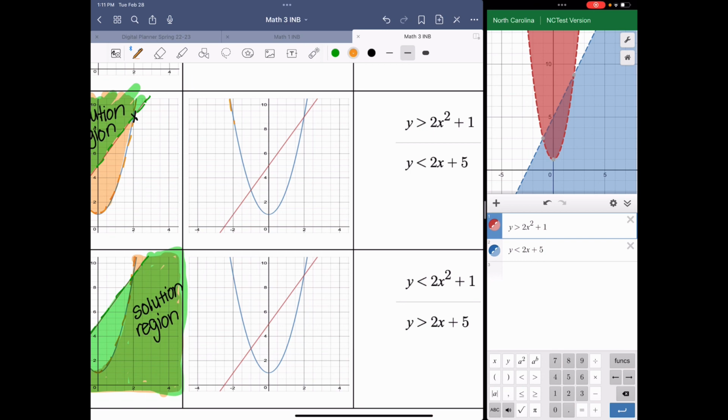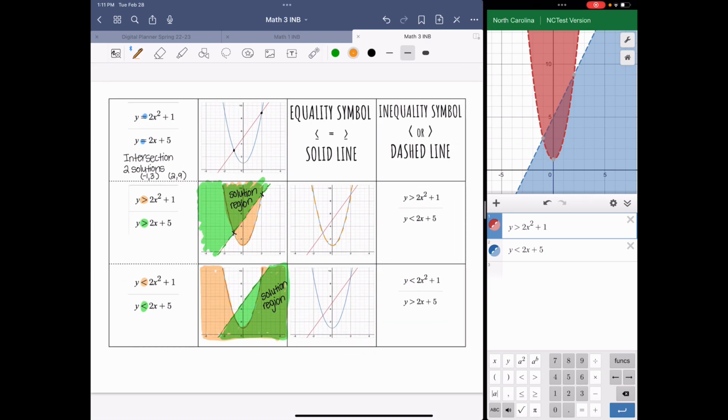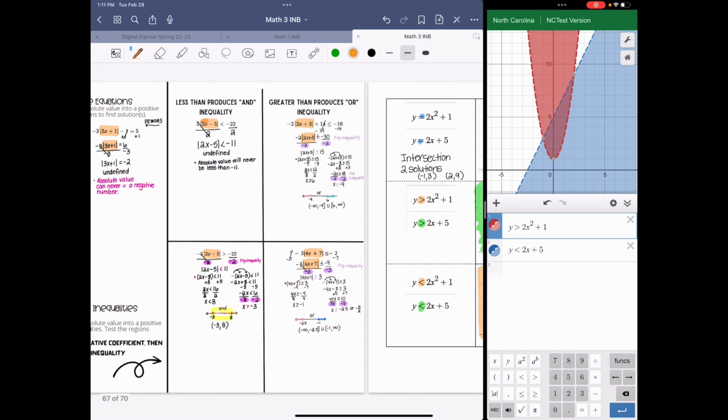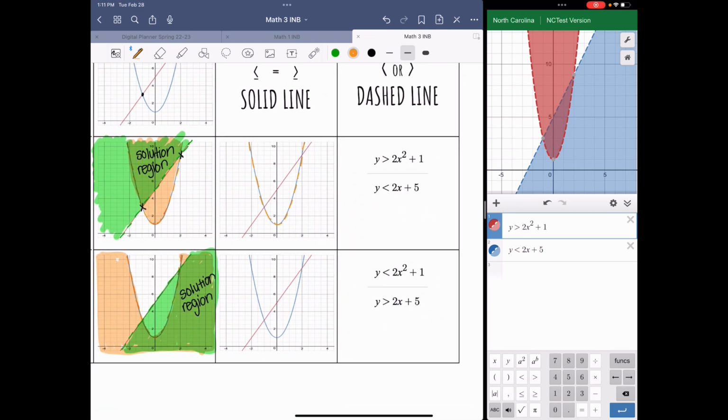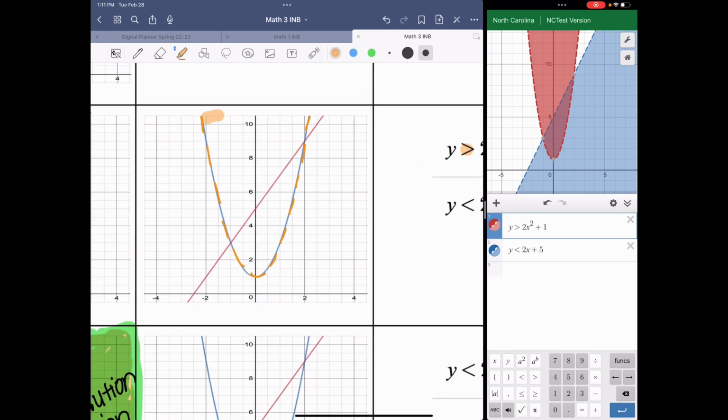So this is going to be our dash line. And in that dash line, we're going to be looking at greater than. So our greater than, since it's going to be above it, is going to be shaded above it. So it's going to be inside of it.